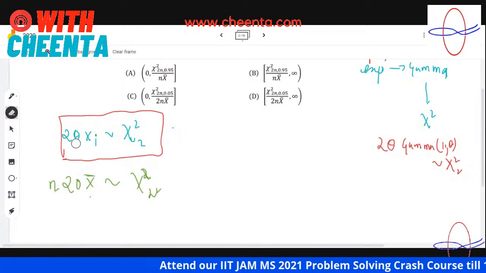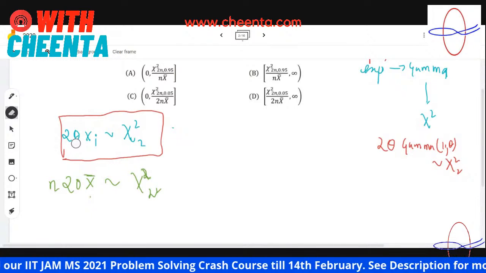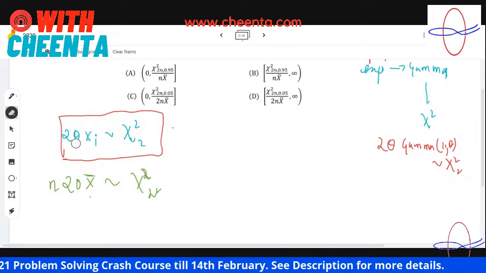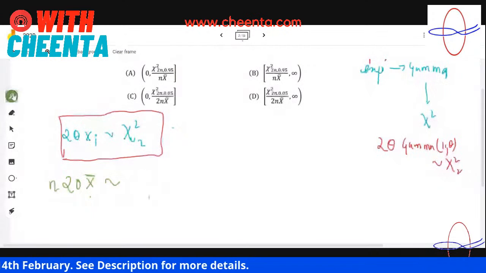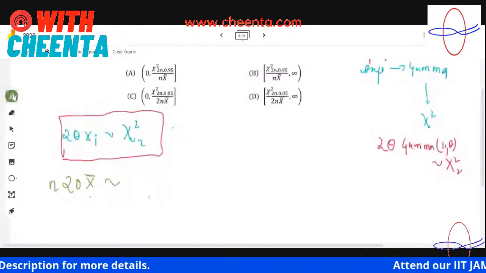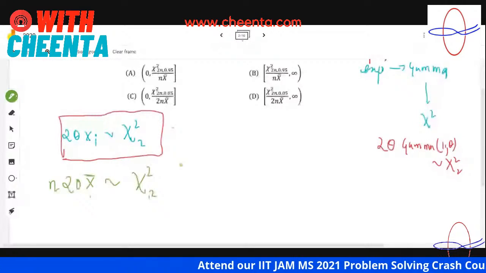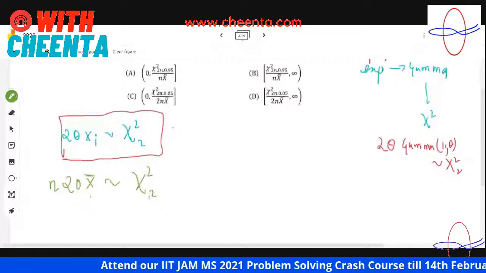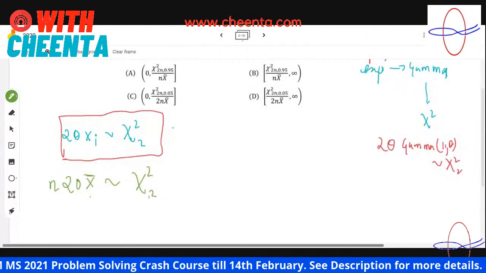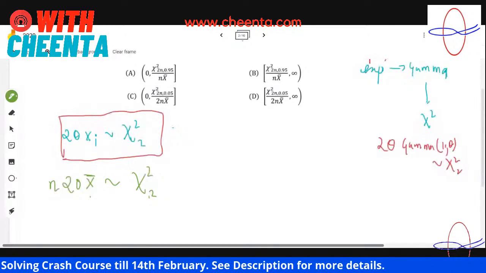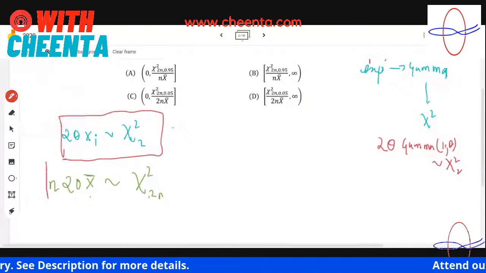X bar is also complete sufficient, and most importantly, it's complete sufficient. Sufficiency matters mostly because, as I have discussed, it occurs naturally from the testing hypothesis perspective. So therefore, you get 2n, and using this we can solve the whole thing, right?